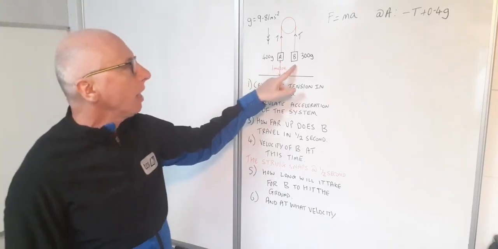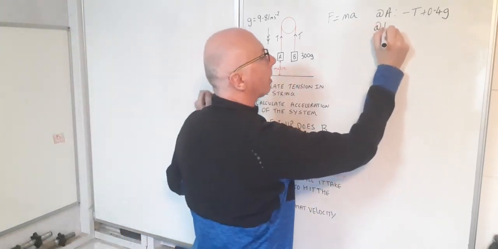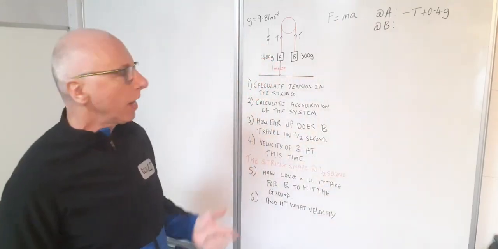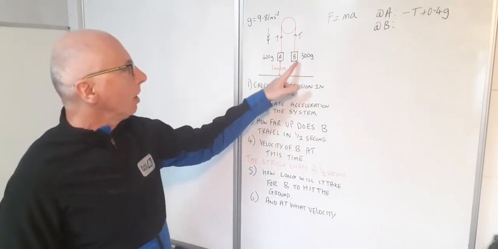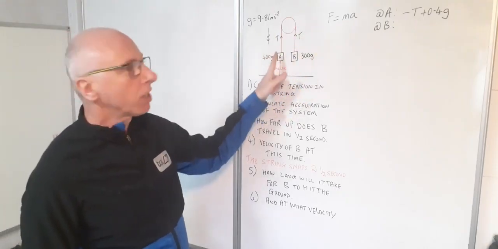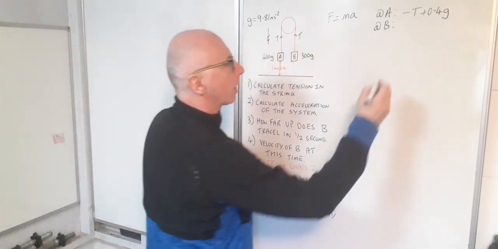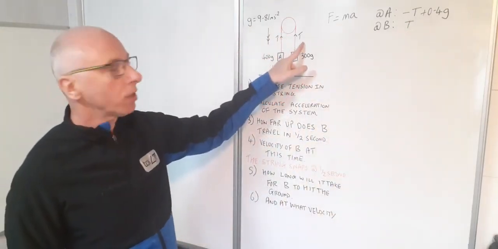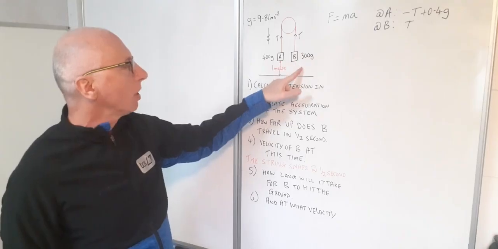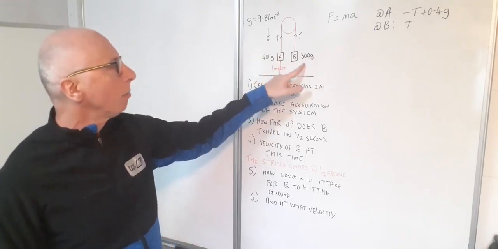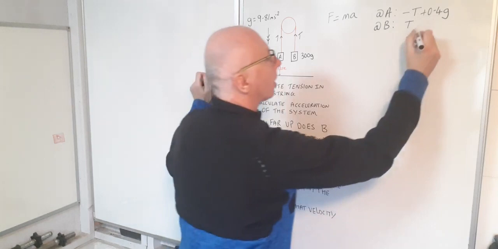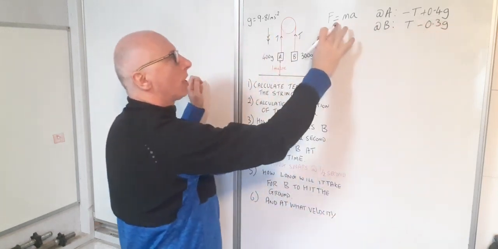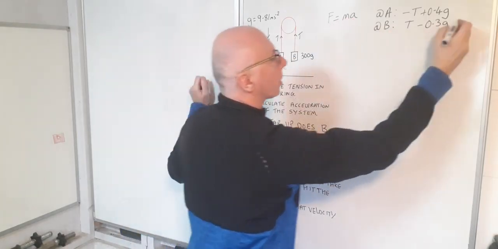And then here at B, let's work out what's going on at B. I'm going to line these up in a nice little manner, so you'll see why that is in a moment. So at B, the system is travelling in this direction, so this time T is going in the same direction as travel, so T is positive, and then the mass of the block pulling down with gravity, so that's going to be minus 0.3 G. And then what we do is we set each of these forces equal to mass times acceleration.